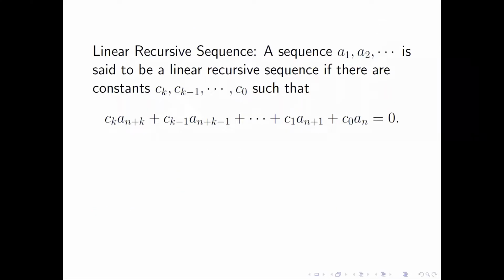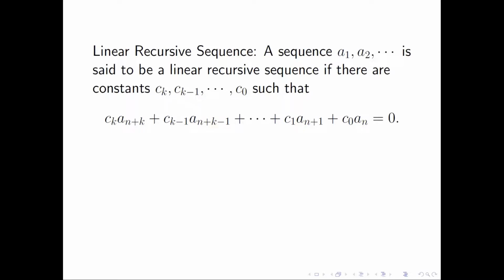The cyclic sequence we just discussed is a special case of something called linear recursive sequences. A sequence is said to be a linear recursive sequence if the linear combination of some consecutive terms is 0, with some constant coefficients c_k, c_{k-1}, and all the way to c_0.